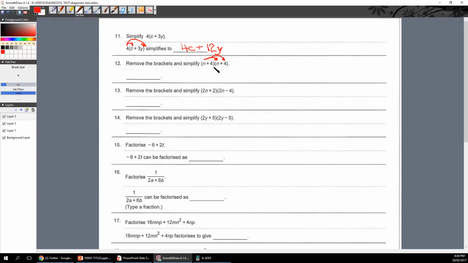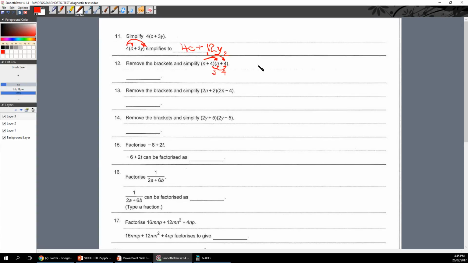And then 4 times, or how you draw a seagull, plus that one there. Remember, the signs go with the numbers. So what you get there is n times n, that's number 1. Then number 2. They'll do them in this order. Then 3. And then 4. So they're the steps.